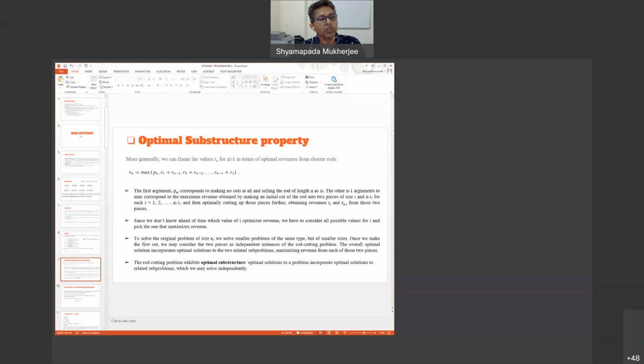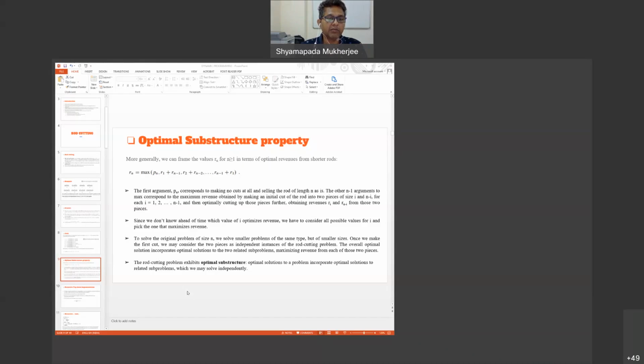So Rn itself is an optimal solution and it contains optimal solutions to the subproblems, the smaller problems. So that is called optimal substructure property. Here this property is present in the rod cutting problem, so we will try to implement dynamic programming on it to find an optimal solution.